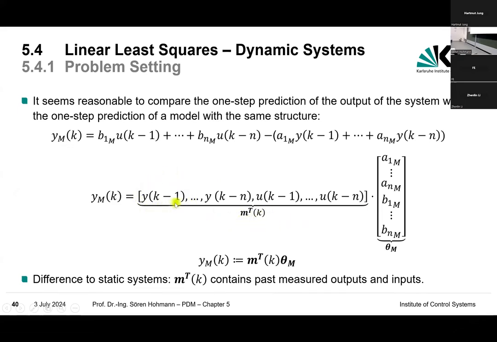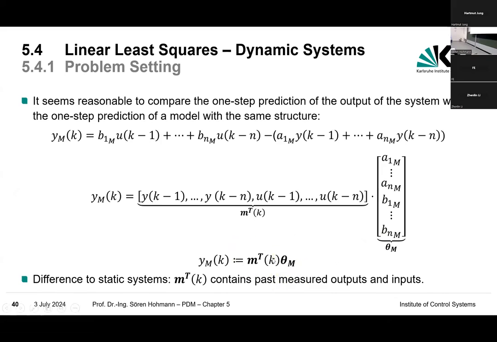So we have YK minus 1, YK minus 2, YK minus n, etc., and UK minus 1, UK minus 2, etc. And I collect all the parameters I do not know in such a parameter vector theta n. It's again nothing mysterious, just the rewritten form of what we had before. So we have A1, A2 here as parameters.